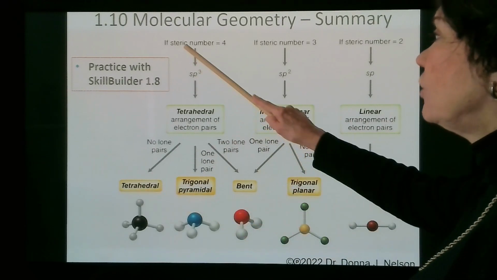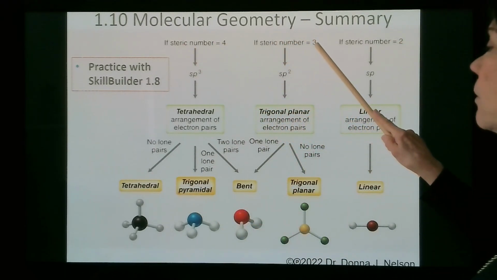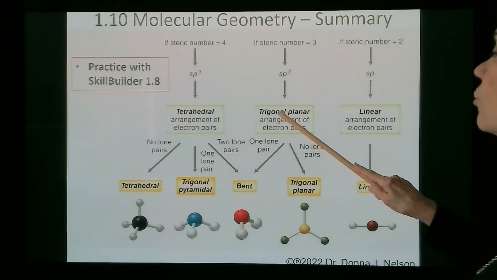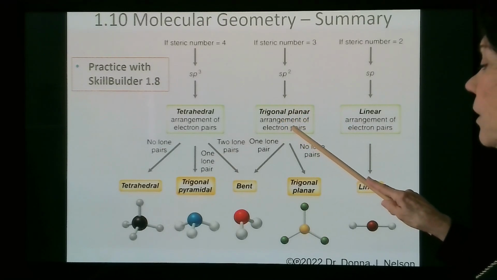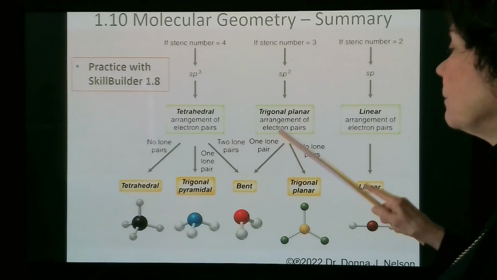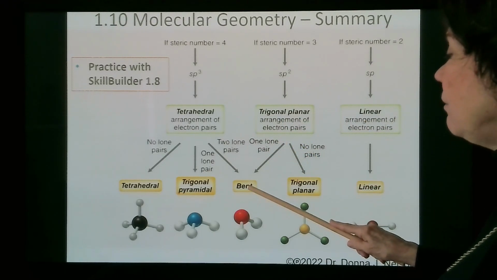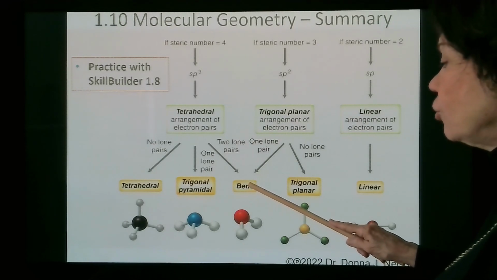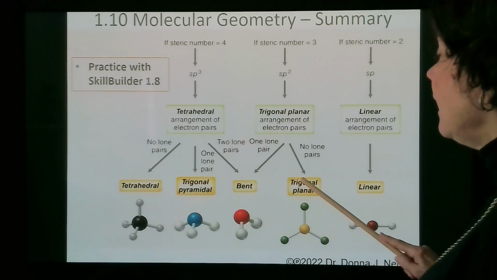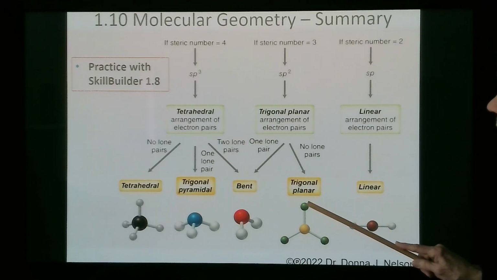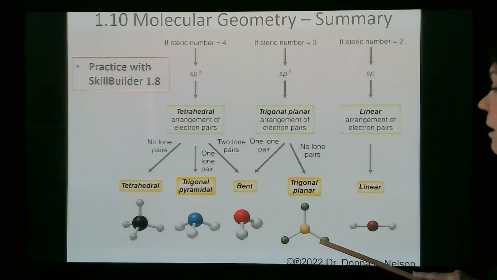These three have a steric number of 4. If the steric number is 3, then the hybridization is sp2, with a trigonal planar arrangement of electron pairs. If there is one lone pair, then the molecular geometry will be bent. If there is no lone pair, then the molecular geometry will be trigonal planar.